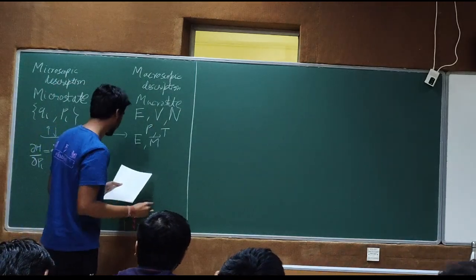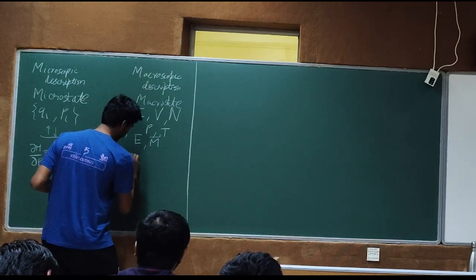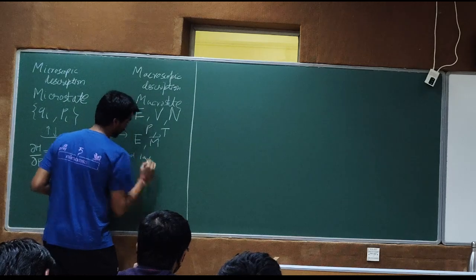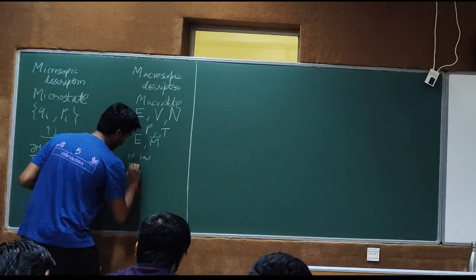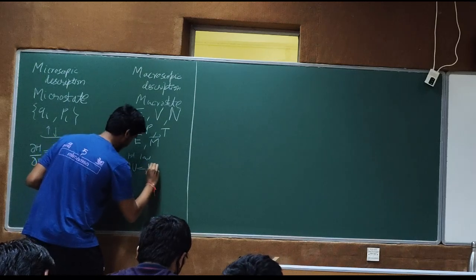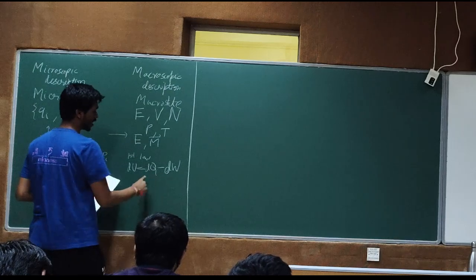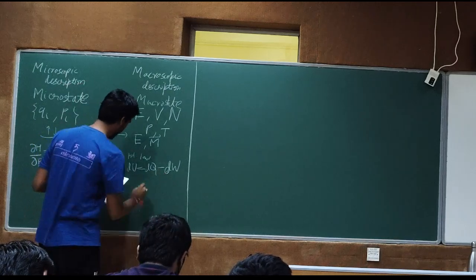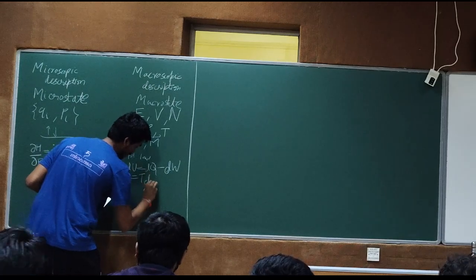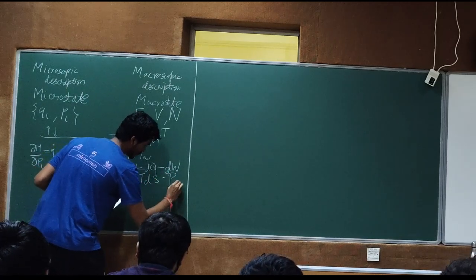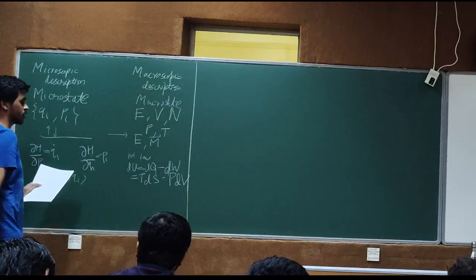Similarly, for the macrostates, you have the laws of thermodynamics. The first law is basically a statement of energy conservation. It states that dU is equal to the heat added minus the work done by the system, which is TdS minus PdV.